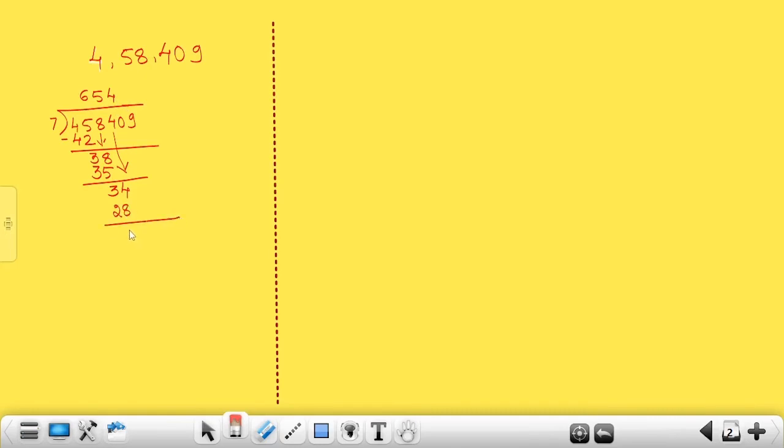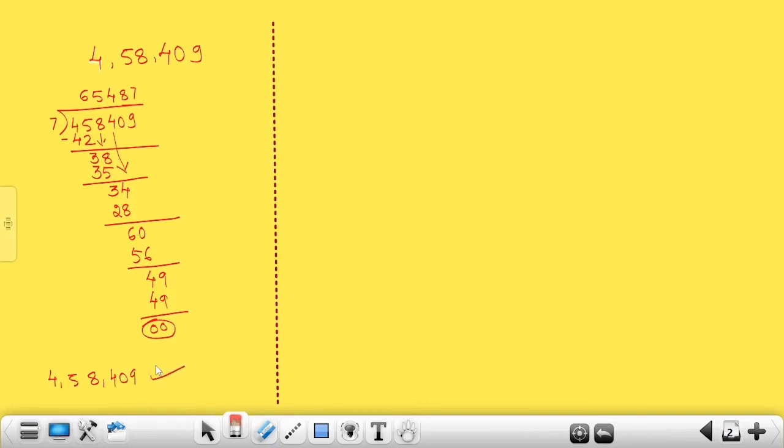We are left with 6, and I take the 0 down. 7 8s are 56. We are left with 4, and I take 9 down. 7 7s are 49. So whichever method is simple, you can follow that method. Since the remainder is 0, the given number 4,58,409 is divisible by 7.